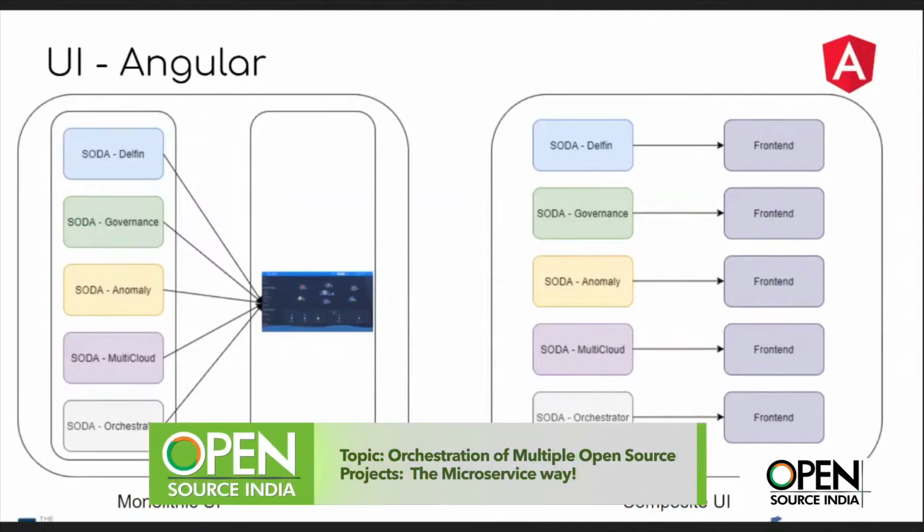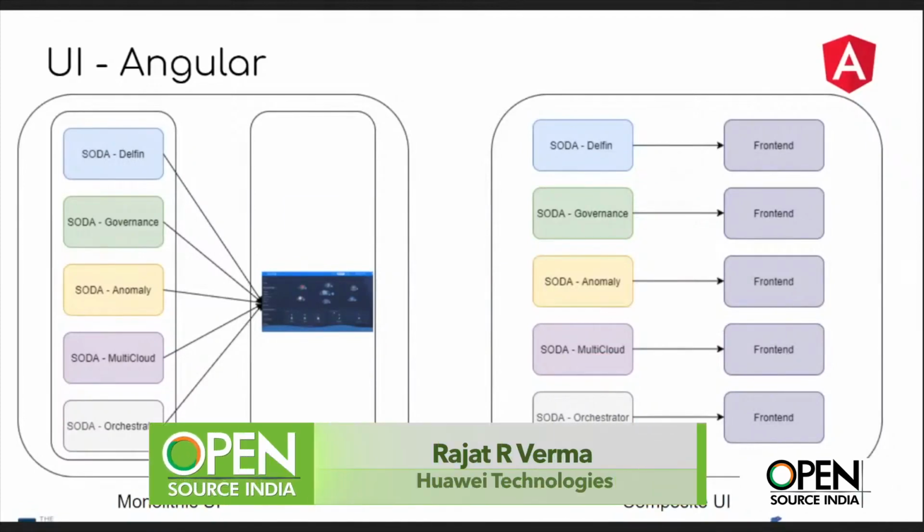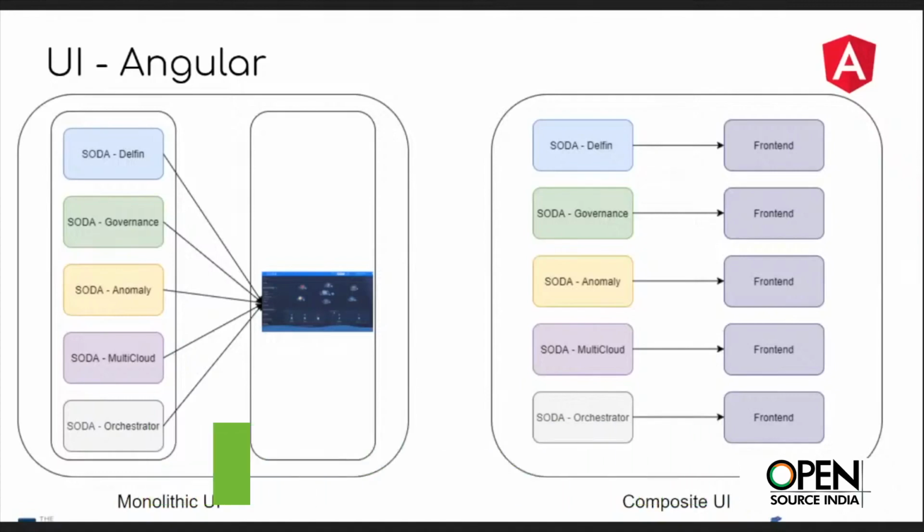However, as and when we add more services and features to Soda, we'll be migrating to a composite UI, wherein there is a dedicated front end for each dedicated backend, so that any failures, upgrades, or issues can be localized to that particular front end piece and solved easily.